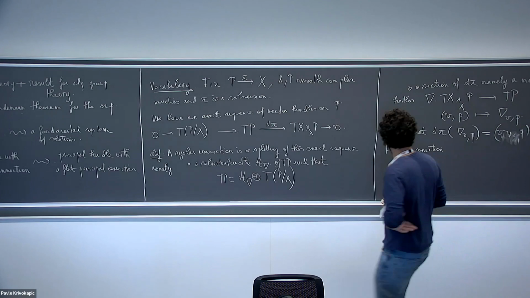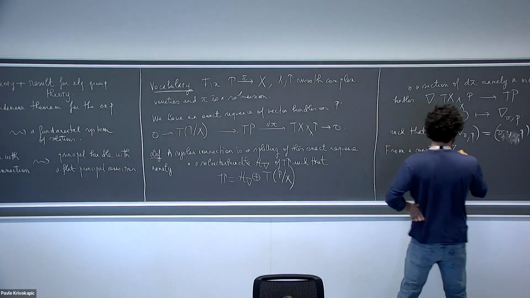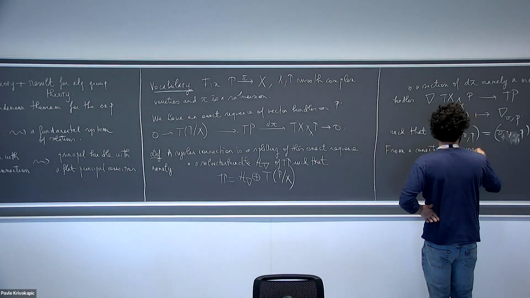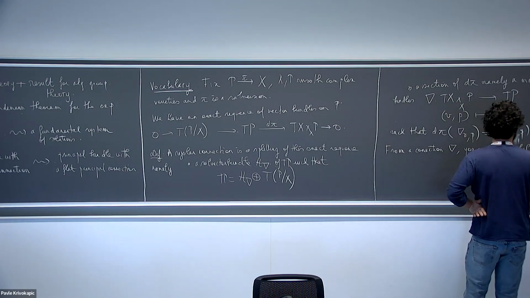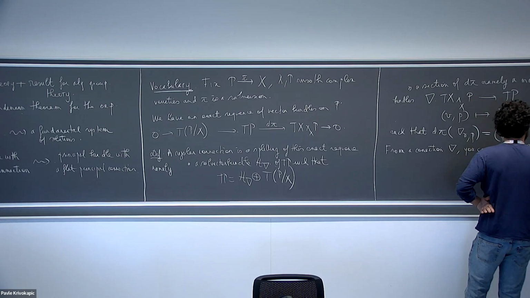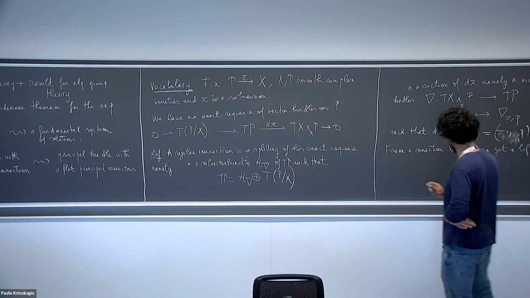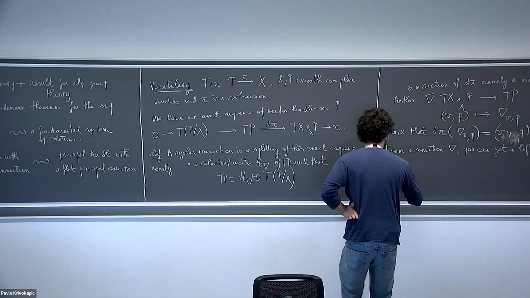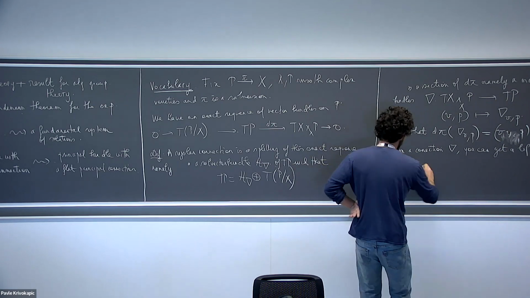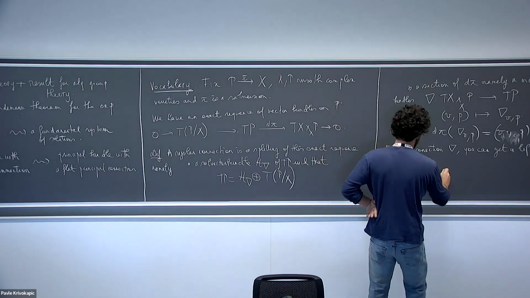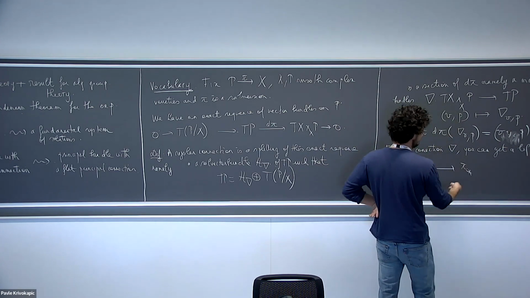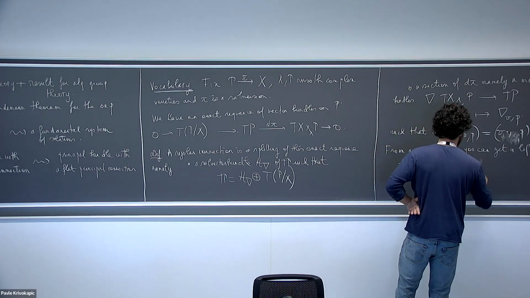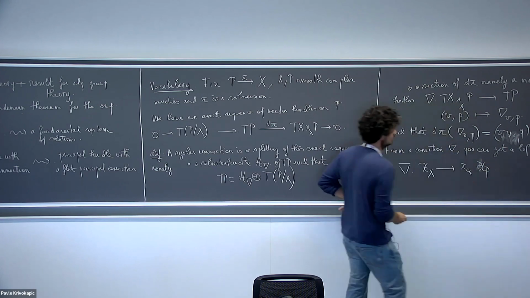From a connection δ, you get a lifting operator, which I still denote by δ, which takes a vector field on X and sends it to a vector field on P, that is, on π^{-1}(X).